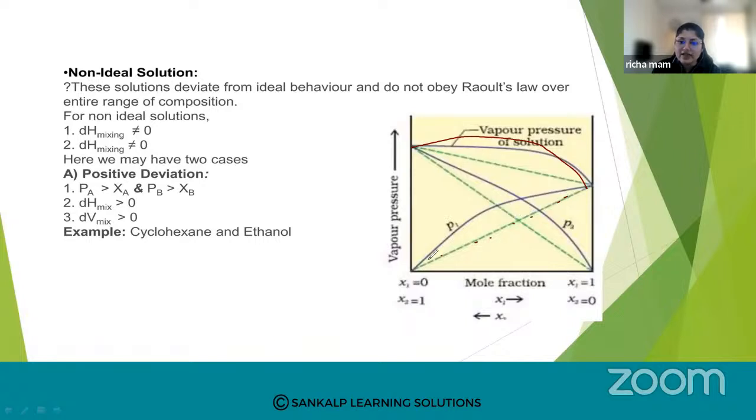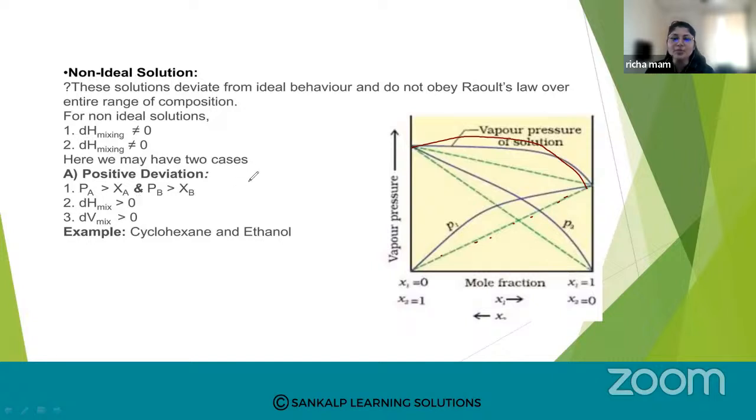The green line indicates the values are a bit greater, so the vapor pressure is a bit greater, indicating positive deviation. So PA is greater than P°A, and PB is greater than P°B. Then what will happen after mixing? The delta H mix will be greater than 0.